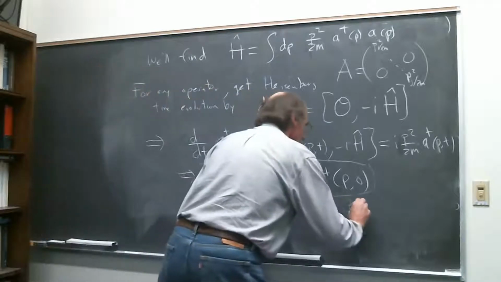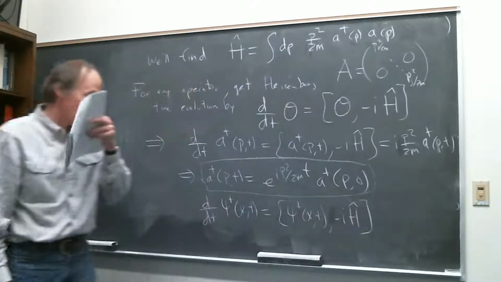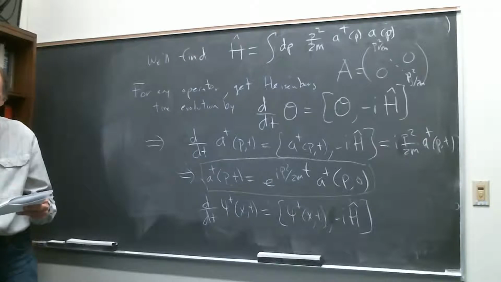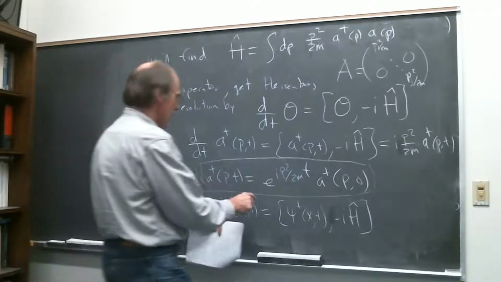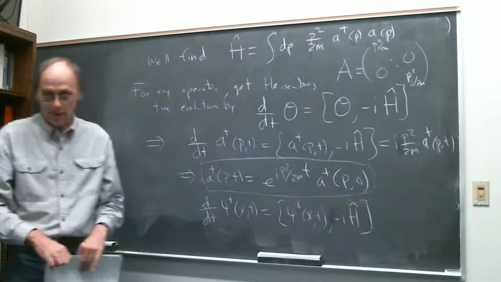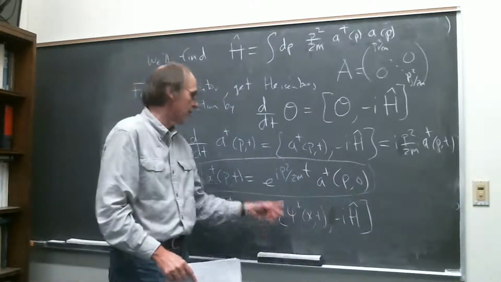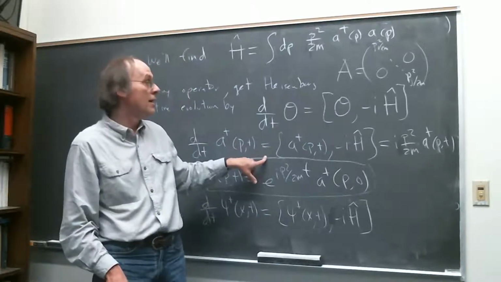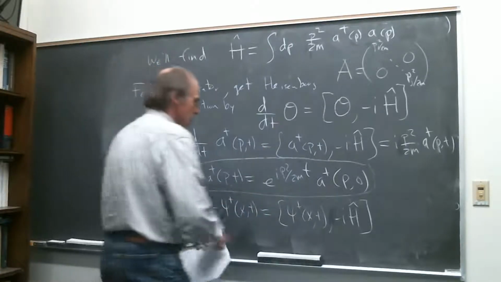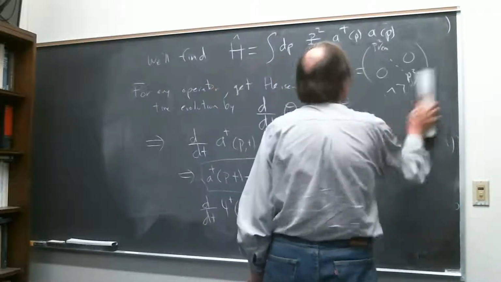I won't try and work out this calculation, but if you want to understand it, you basically Fourier transform everything in this calculation, and what you end up learning is this kind of thing.